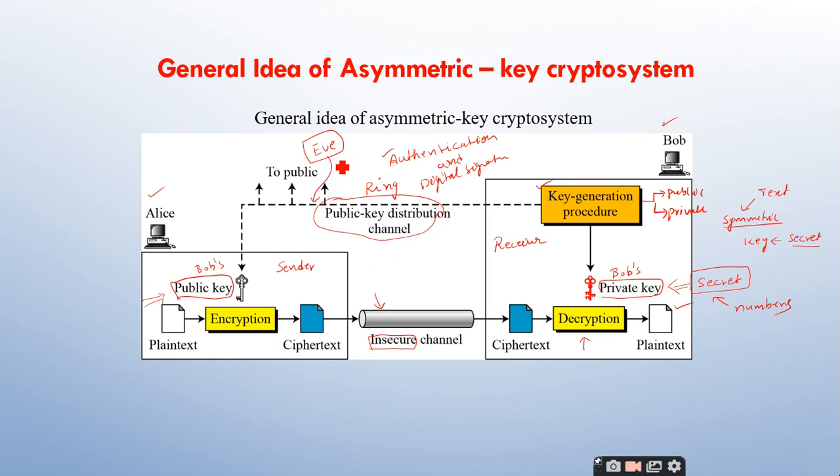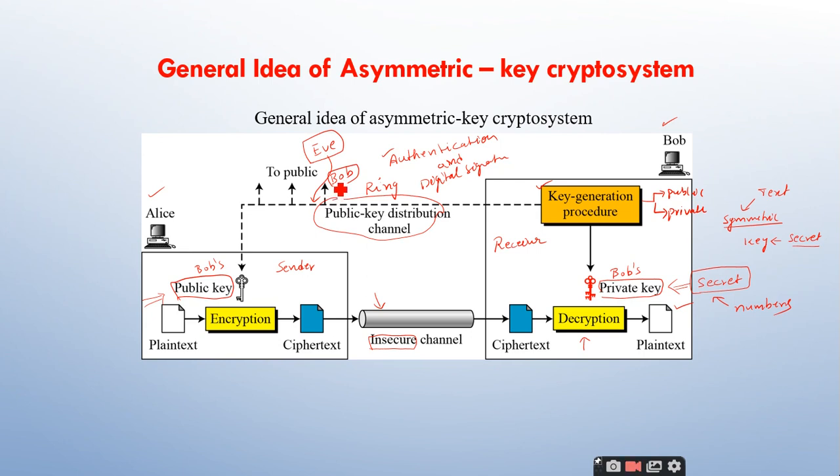And she will not put it as if it is Eve's public key. She tries to fool Alice that this public key generated by Eve is the key of Bob. This should not happen.